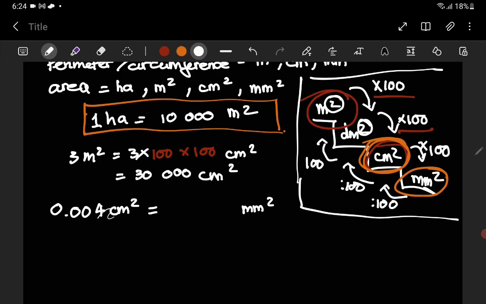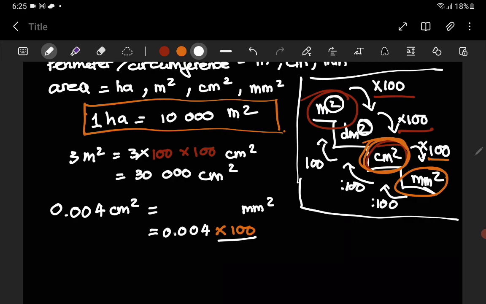I write 0.004, and from the start to the finish point I need to go only once, so multiply by 100. If this is multiplied by 100 and you're dealing with a decimal number like this, what do you need to do?